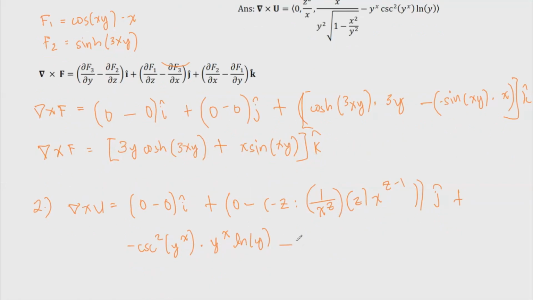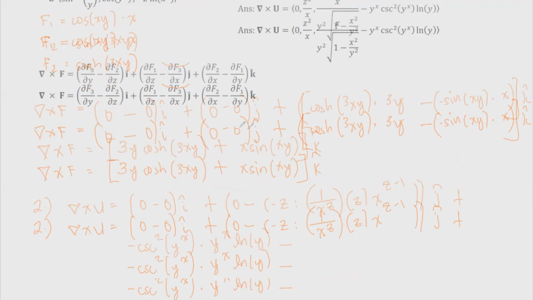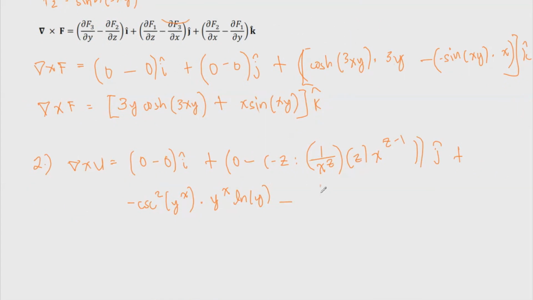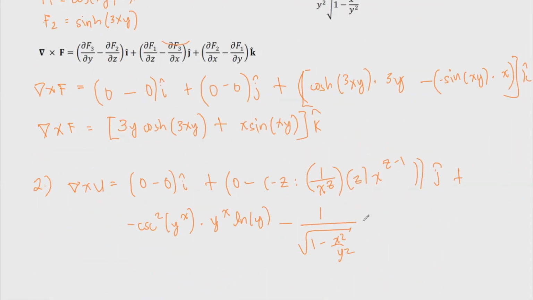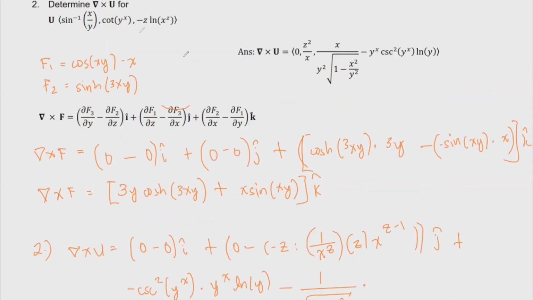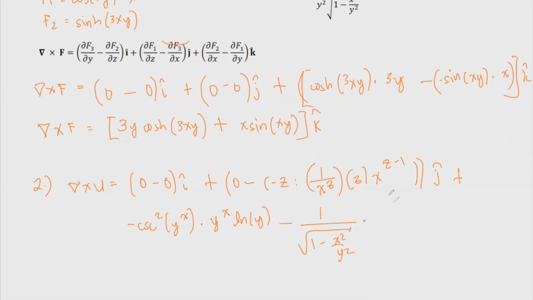So minus the derivative of sine inverse of x over y, which is 1 over the square root of 1 minus x squared over y squared, because that's squaring x and y. I forgot this before, but now I won't: we multiply this with the derivative of x over y, y being the constant. So that's x times negative 1 times y raised to negative 2. Okay? So this is our k hat.